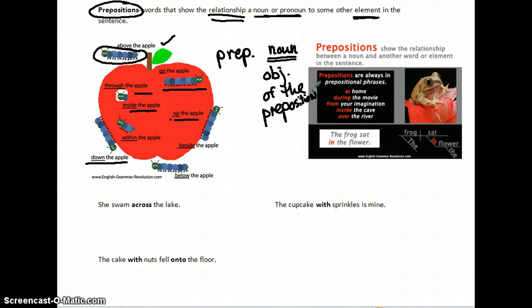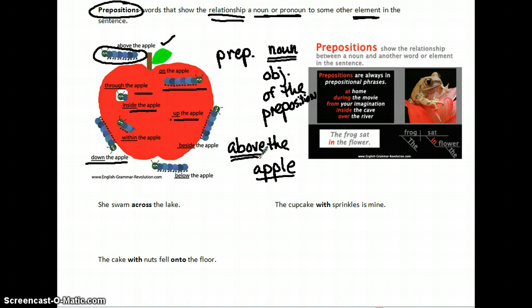So, in above the apple, apple is the object of the preposition above.